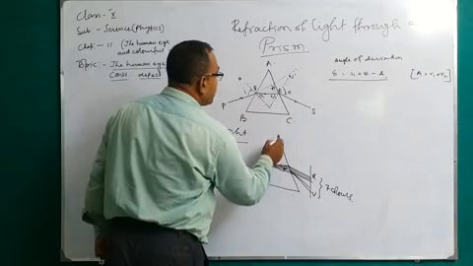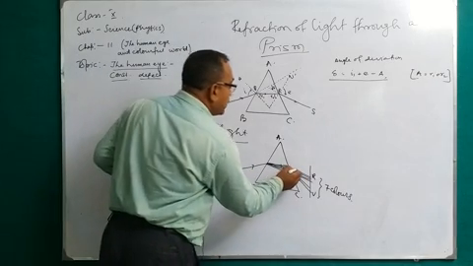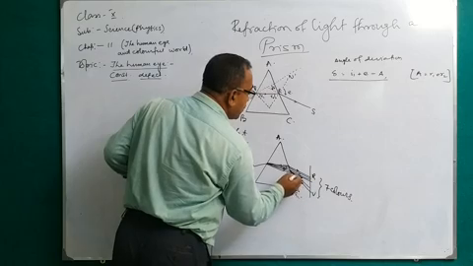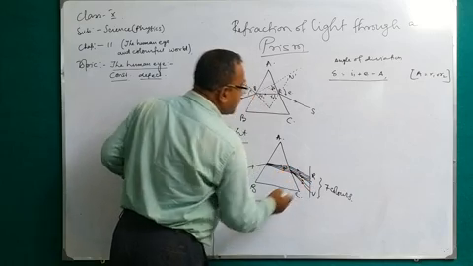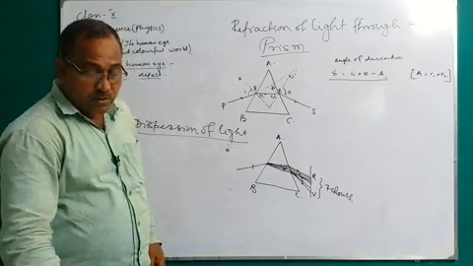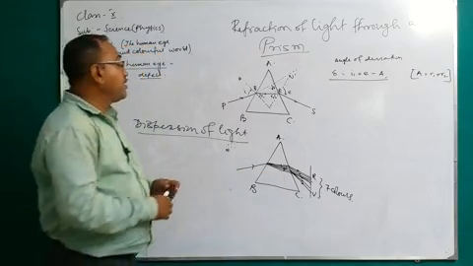if the compound ray of light, meaning a mixture of 2 or more than 2 colors, is incident on the prism.